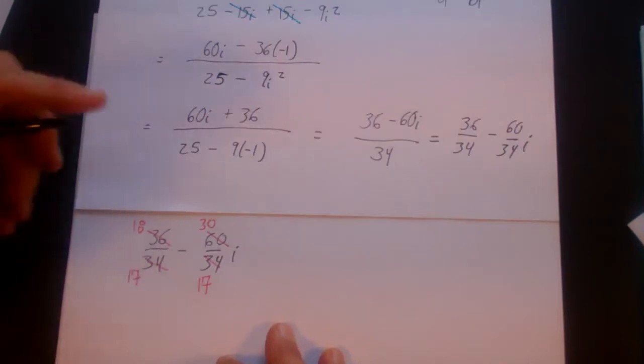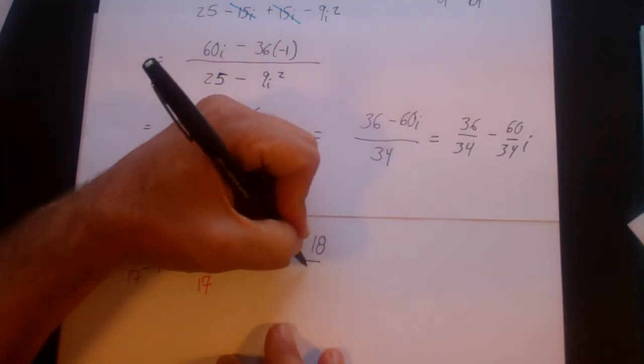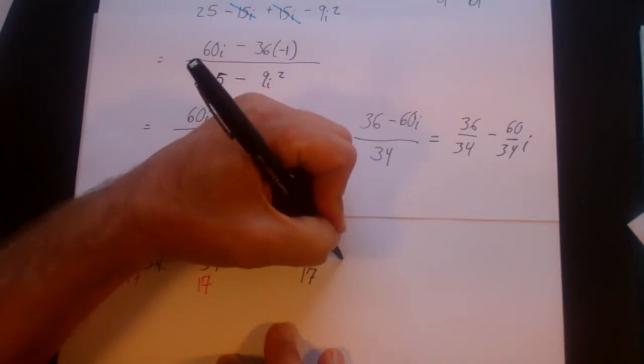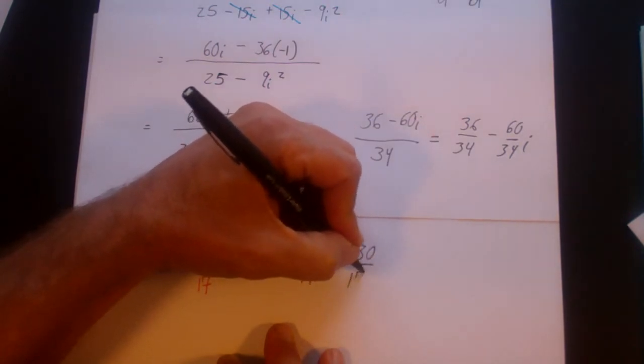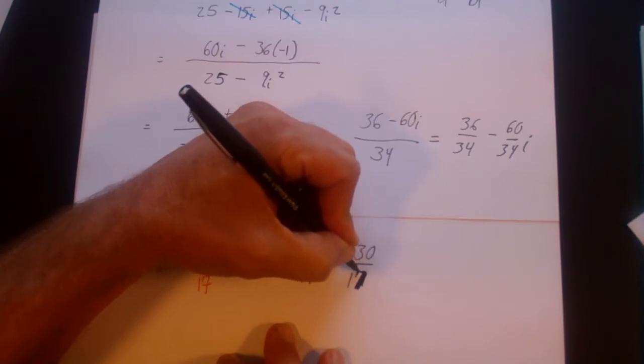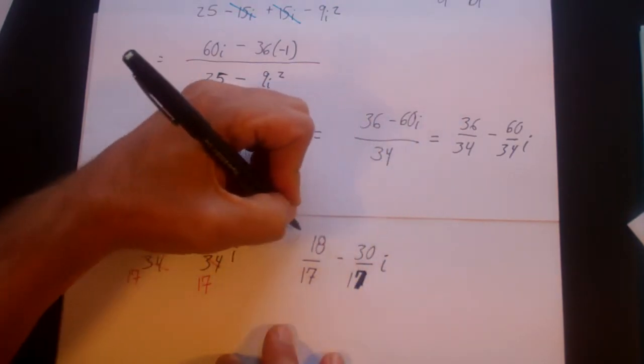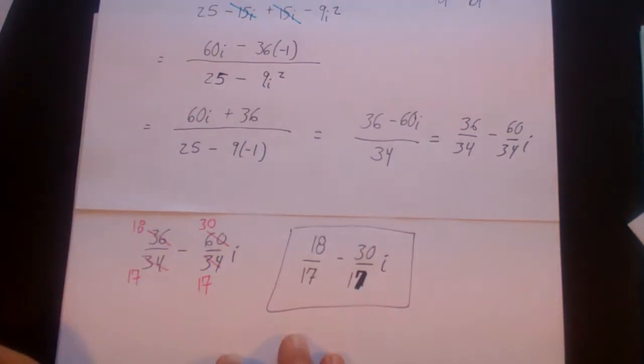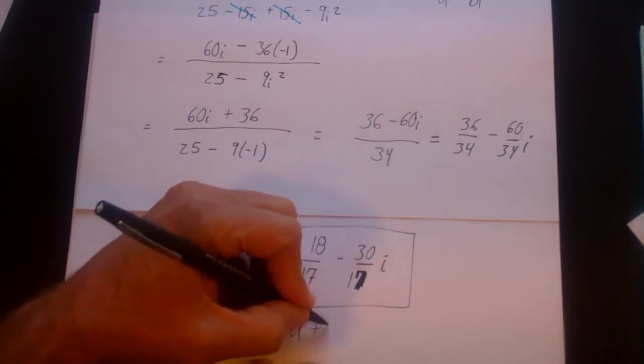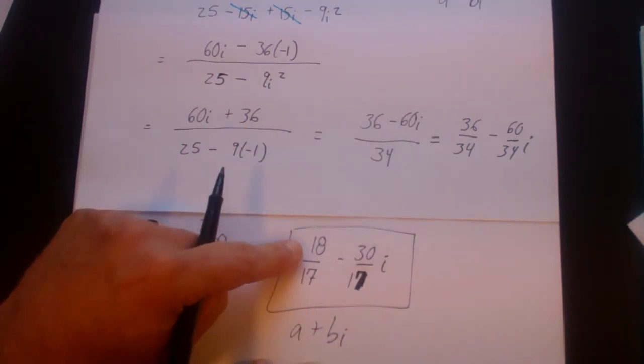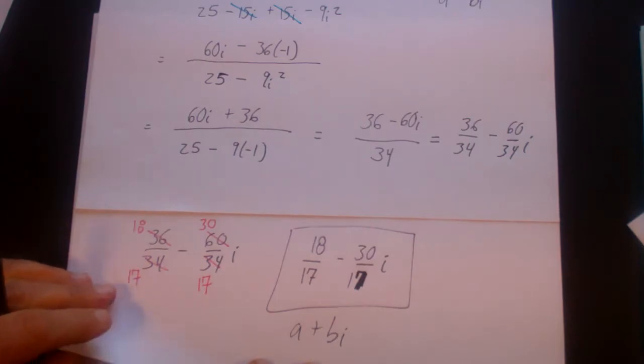And our final answer becomes 18 over 17 minus 30 over 17i. That's our final answer right there. It's written in the form a plus bi, where a is 18 over 17 and b is negative 30 over 17.